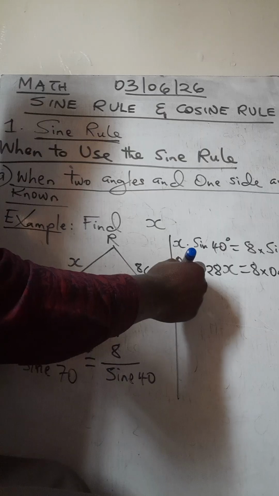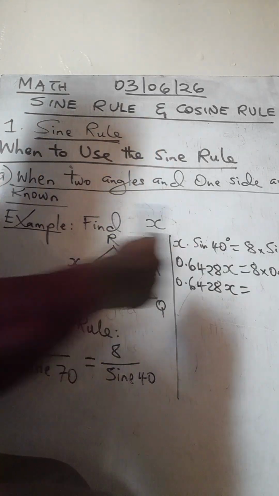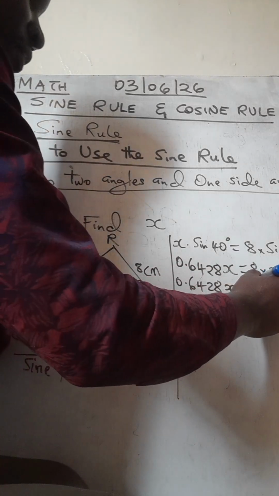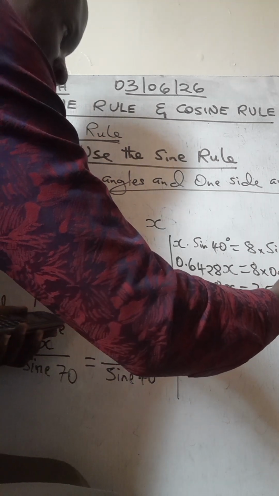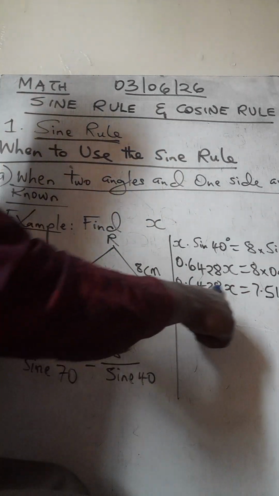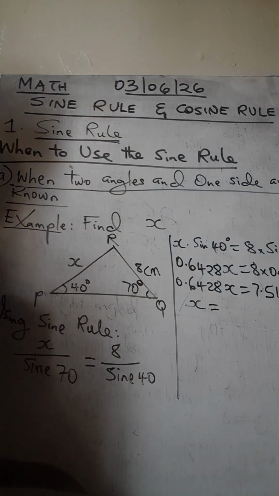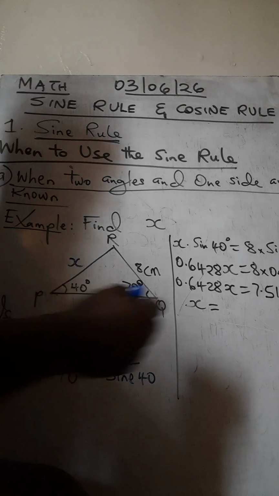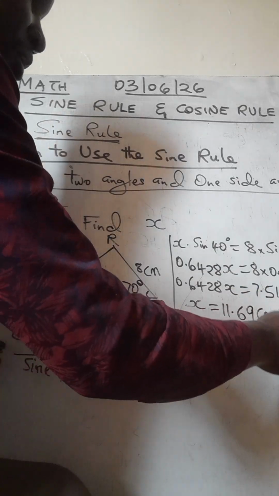So 0.6428 x equals, you multiply this by 8, you get 7.5175, something like that. Divide both sides by this value, x will be 11.69 centimeters.